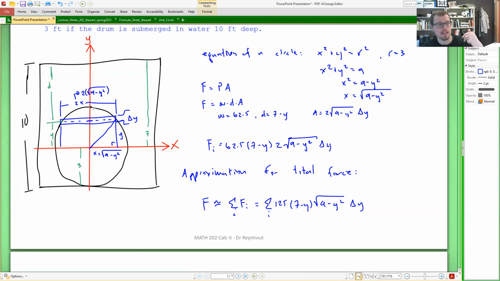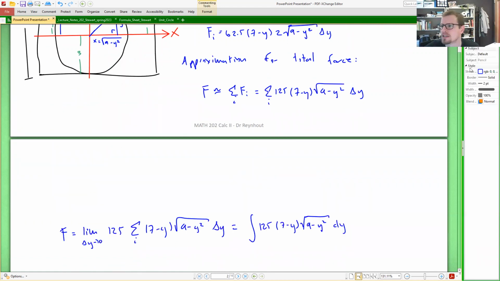So I could say that I want to integrate from a depth of 4 to a depth of 10. But I'm not using d as the variable that I'm integrating with respect to. So it doesn't work like that. It works a little bit differently.